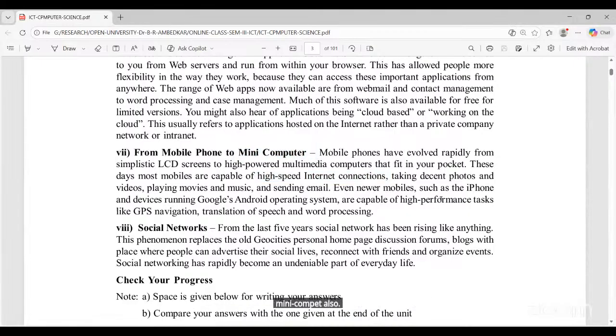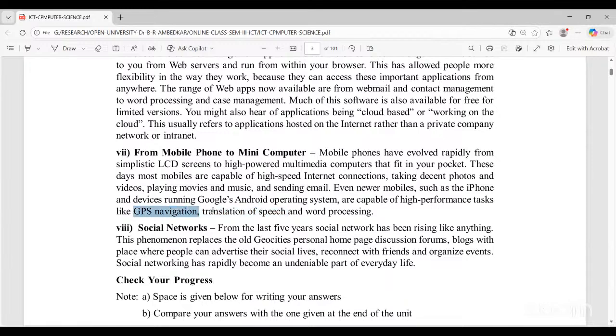And we can also have high end applications, GPS navigation applications, and translation of the speech. Nowadays, Google has translation from Telugu to English or English to Telugu, like that.